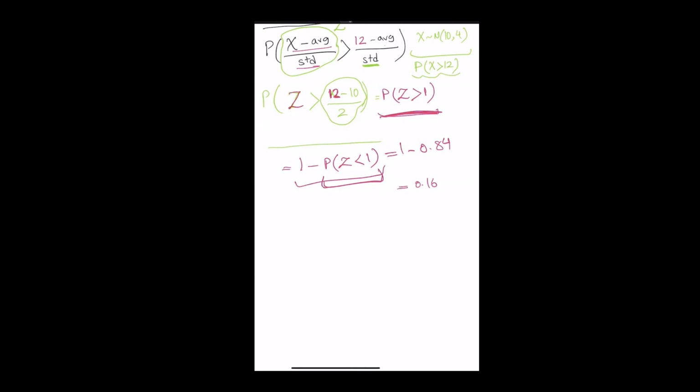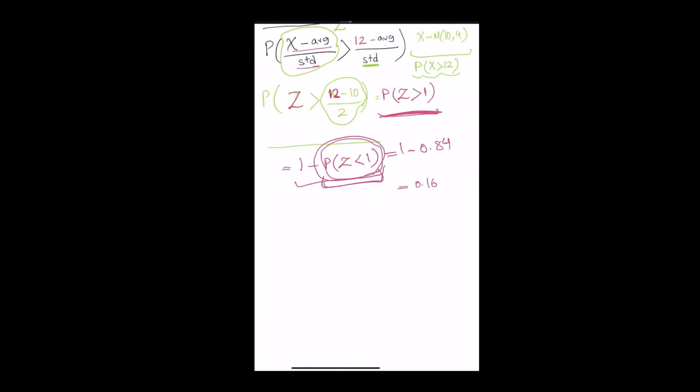Is this clear, guys? Yeah, we had a homework problem like this. Good. So just make sure to pay attention to what the z table shows. The ones you have are always this type of probabilities. So that's what we get.